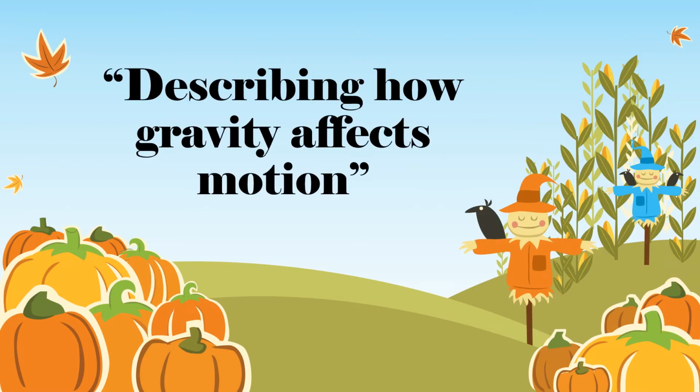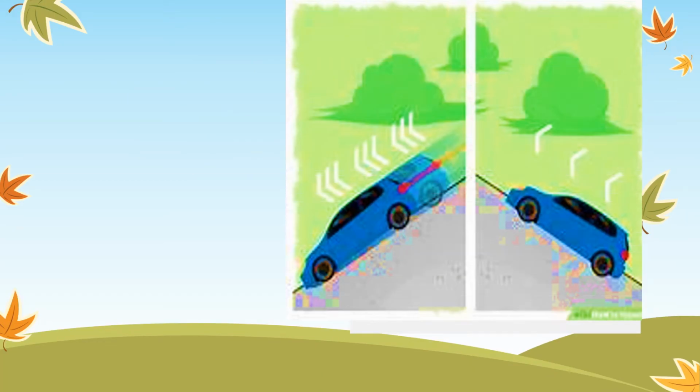For today, our main goal will be describing how gravity affects motion. We're going to explore and discover how gravity affects our lives and how gravity affects motion. Look at this picture.